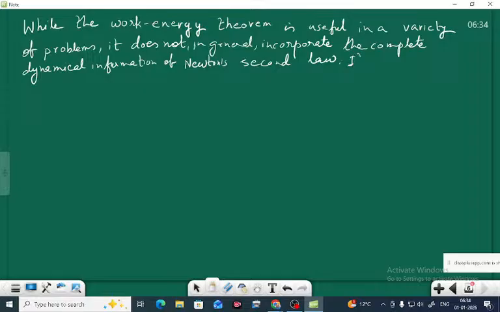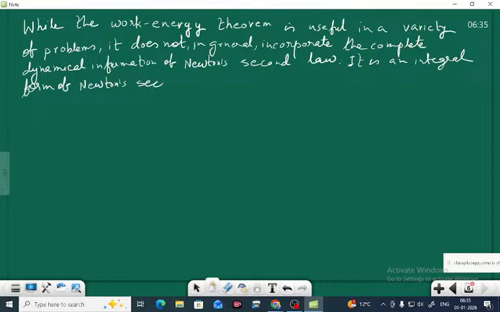It is an integral form of Newton's second law.